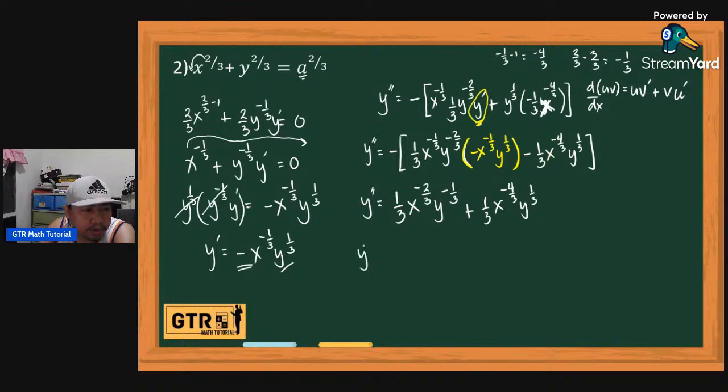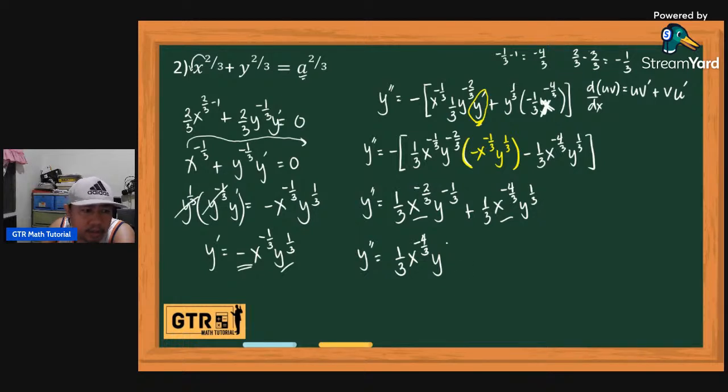So now we will factor out the common, 1/3. So for x, we have x raised to negative 2/3 and x raised to negative 4 over 3. So we will factor out the lower value. So we factor out x raised to negative 4 over 3, the lower one. Okay? And then for y, we have y raised to negative 1/3 and y raised to 1/3.